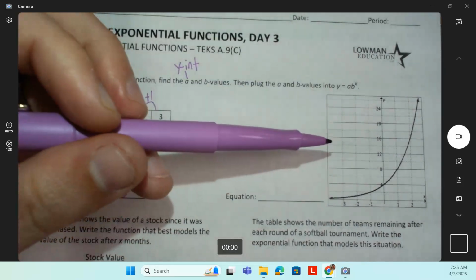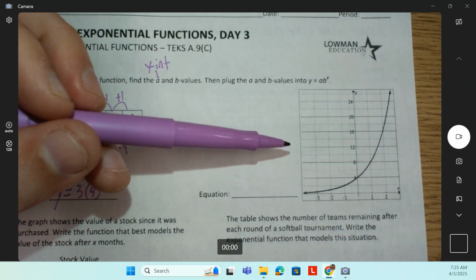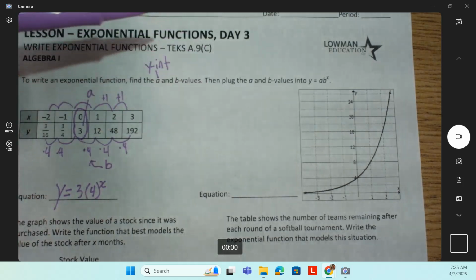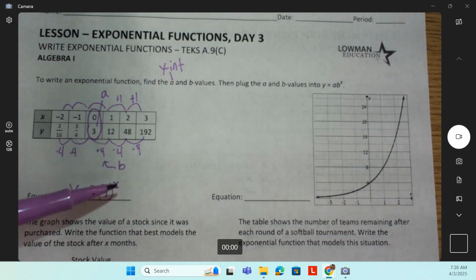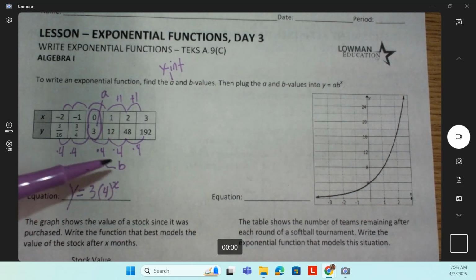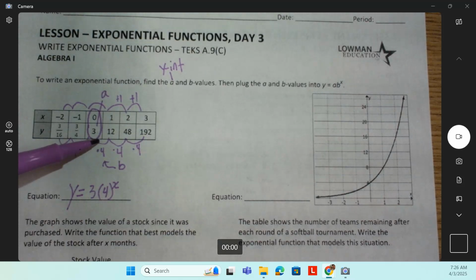Okay, now we've got one where we've got the graph here. The reason, so you might be saying, how do we notice the difference between this and a linear function? On a linear function, we'd be adding the same thing each time. Whereas on this, it's going in the same direction, but instead of adding something that's the same, it's multiplying that's the same.